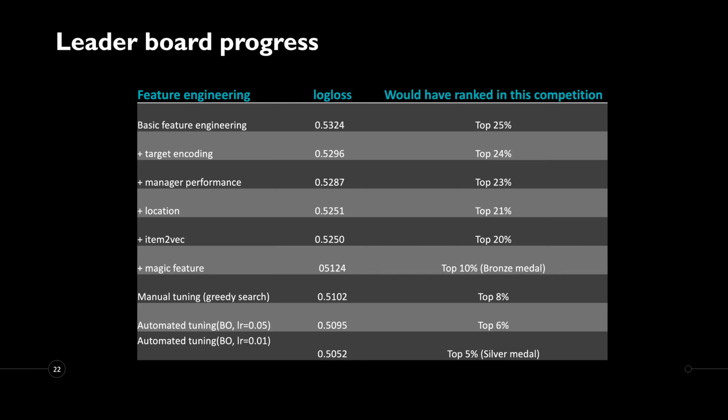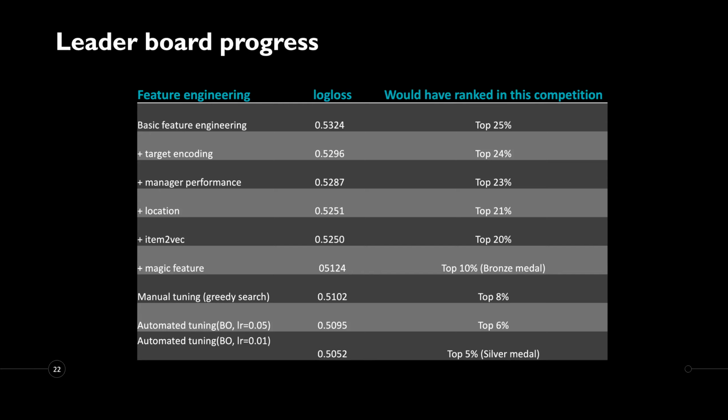And I also added the three. By manually tuning the model, we could have ended up with a top 8 solution. And if we choose to use Bayesian optimization for automated tuning, we would end up with the top 6%.